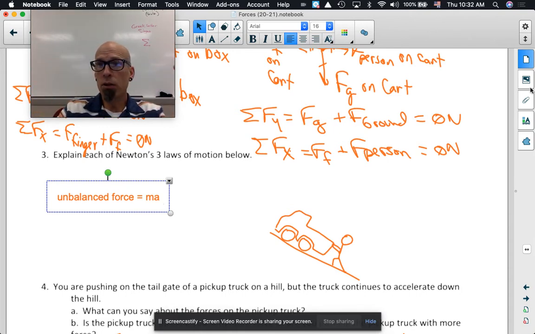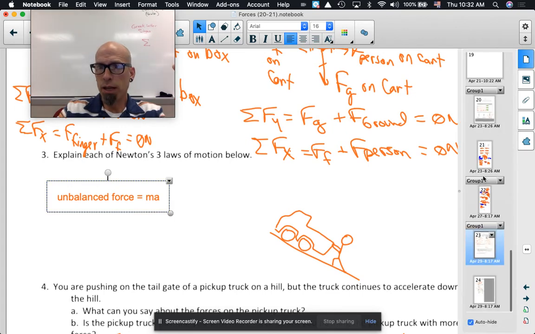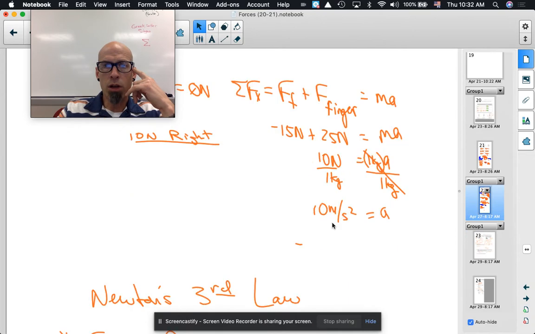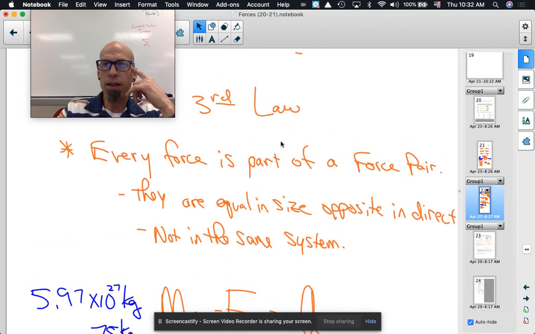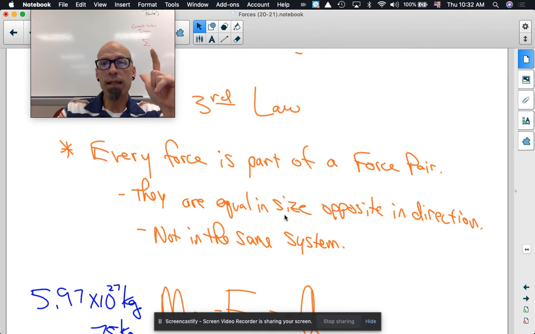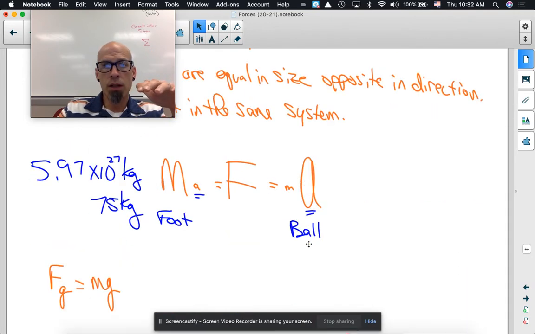That's called a force pair. We had that the other day. We wrote down that that's what Newton's third law is about, that every force is part of a force pair. They're all equal in size, opposite in direction, but they're not in the same system, like the foot and the ball situation.